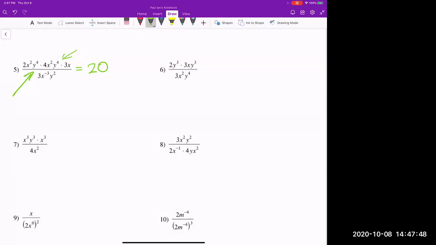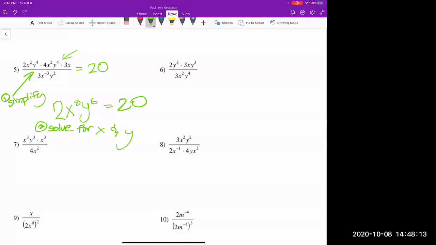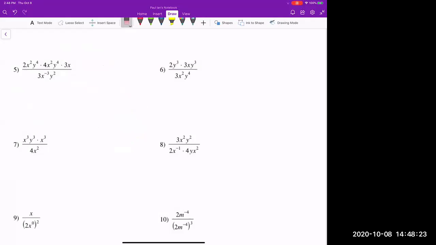The first thing is simplify. The second thing is solve for x and y. But in this case, you only have one equation, so we'll talk later about when you have two variables to solve for. You're going to need another equation.